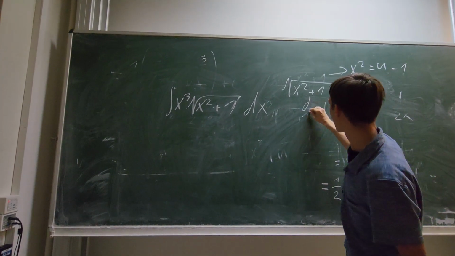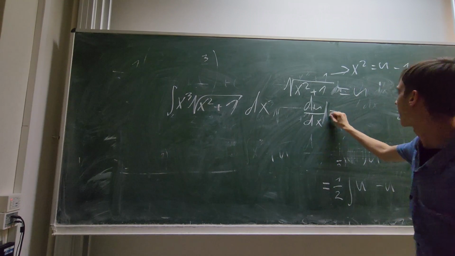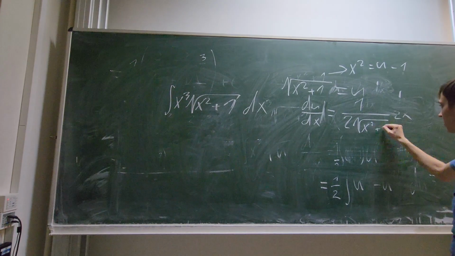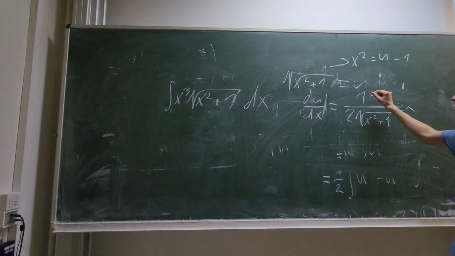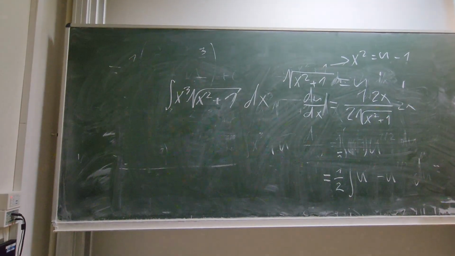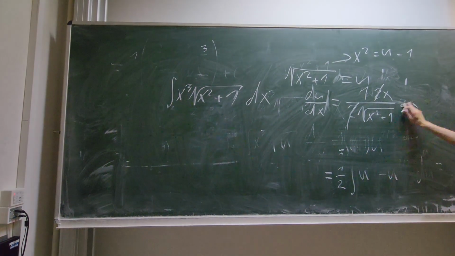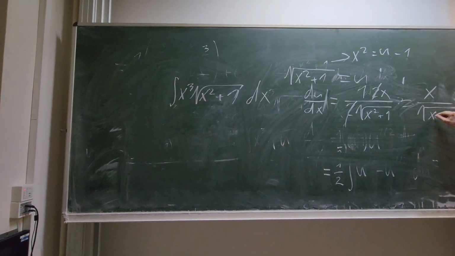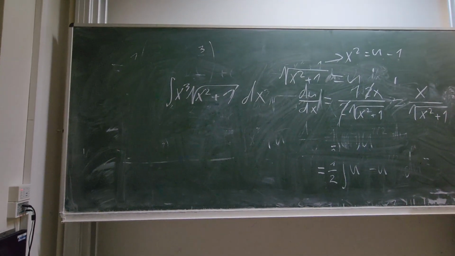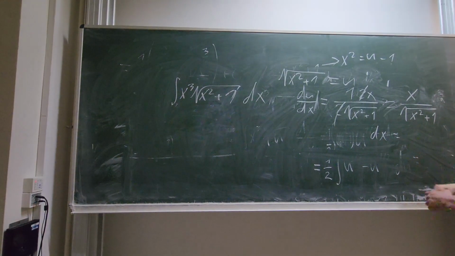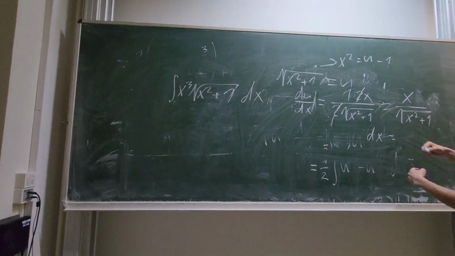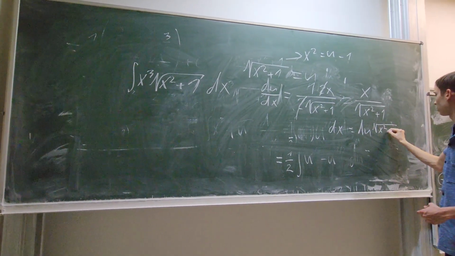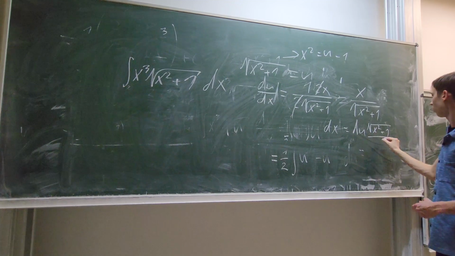Therefore, if I do du over dx, I get this classical 1 over 2 times the square root via chain rule, and also 2x in the top. Now, these 2's cancel out, so in simplified manner I get x over the square root of x squared plus 1, and dx will equal du times the square root of x squared plus 1 over x.